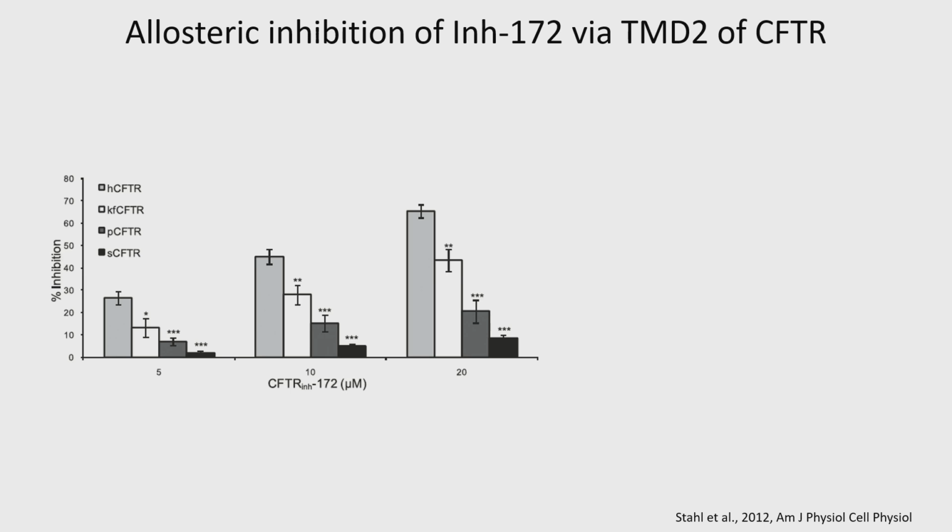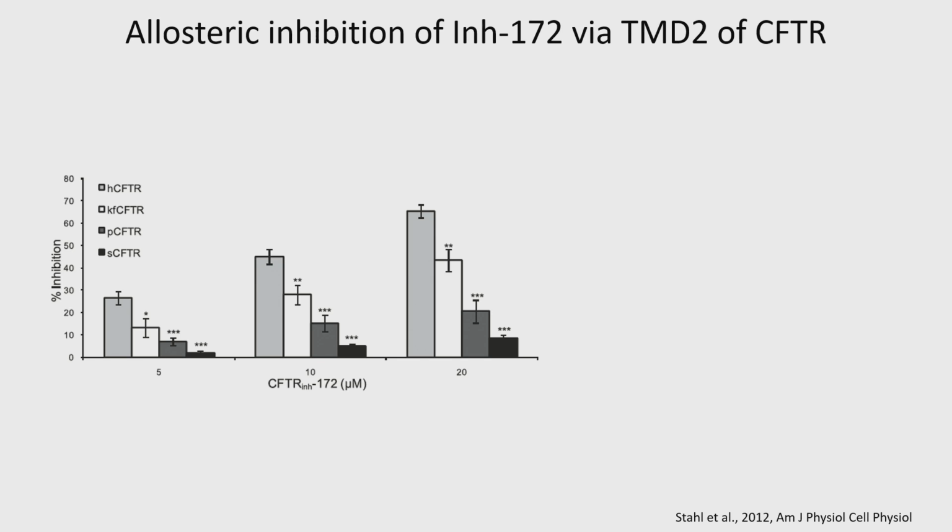So we know the sensitivity of the channel, or the potency of the inhibitor, depends on both the binding and the post-binding conformational change. With those mutations around the binding site I just showed you, you have seen how changing binding can change the potency of the inhibitor. Then how does the post-binding conformational change determine those different sensitivities for different CFTR orthologs?